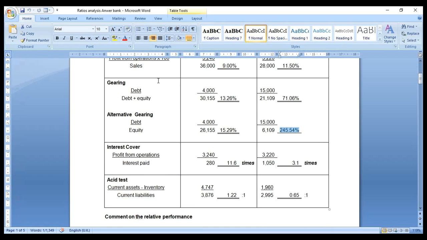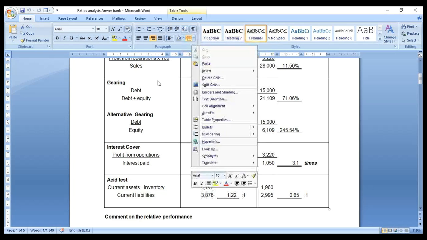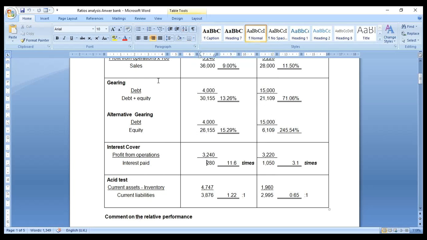Then we look at the interest cover ratio. Interest cover is profit from operations divided by finance cost or interest paid. So how much is my operating profit higher than the interest cost? 11 times our profit is more than our finance cost, which is good.